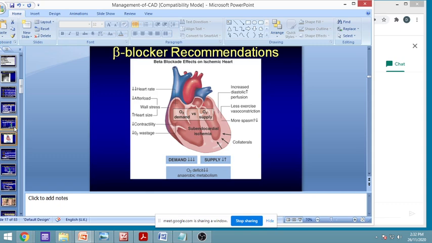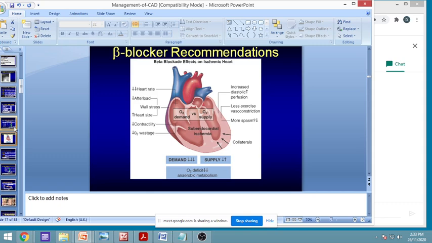Now beta blockers, we know their mechanisms of action. They are working at many places. They can reduce the heart rate, they can decrease the afterload, they can reduce the wall stress, they decrease the heart size. Because of that, they decrease the contractility, they decrease the wastage of oxygen, meaning unnecessarily too much energy is not consumed.